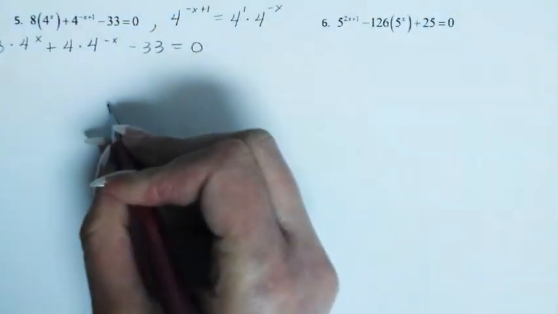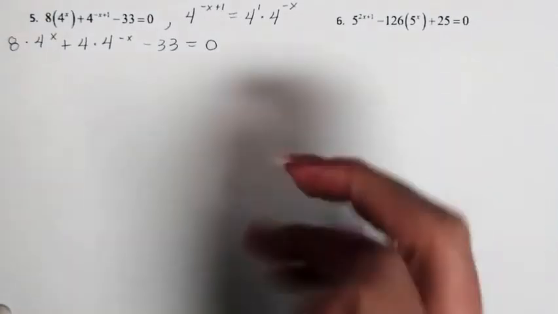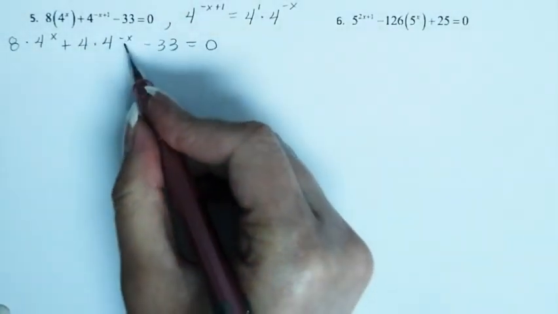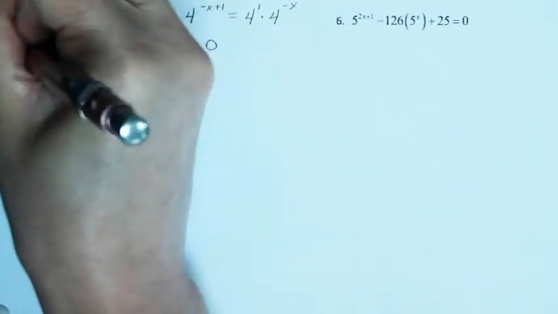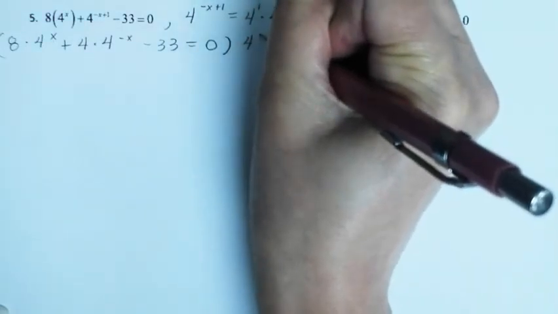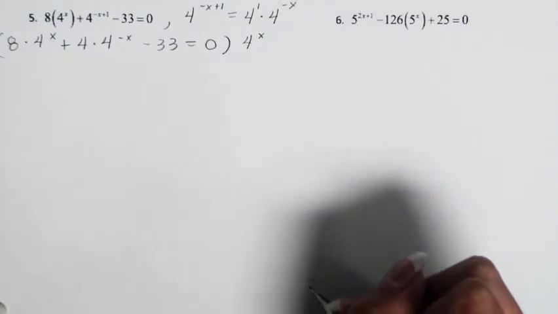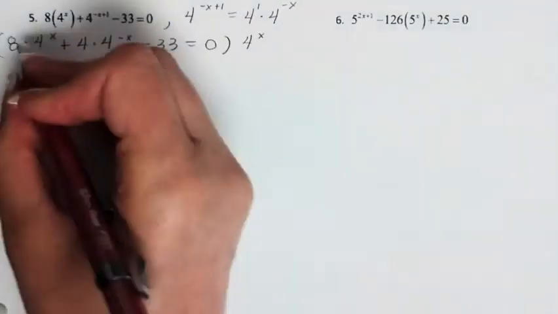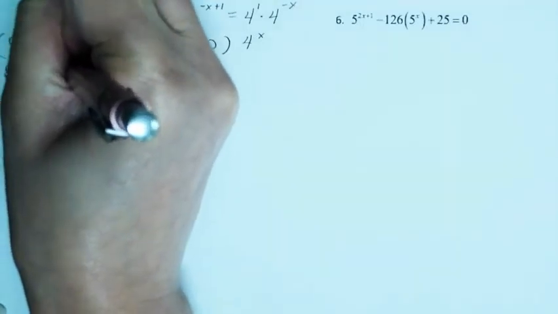And you're like, oh, now this example is pretty similar to the previous one that we had. Okay, so since I have this one that is negative and this one that is positive, what I'm going to do again is multiply all my equation times 4 to the power of x. Okay, so I multiply this times this, so you have that it's 8 times 4 to the power of 2x.